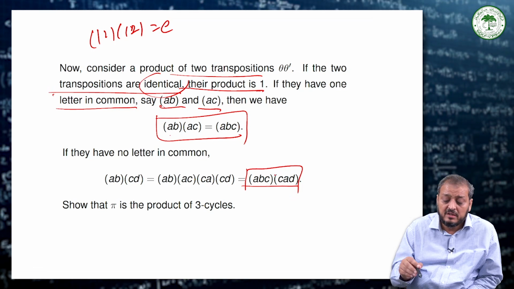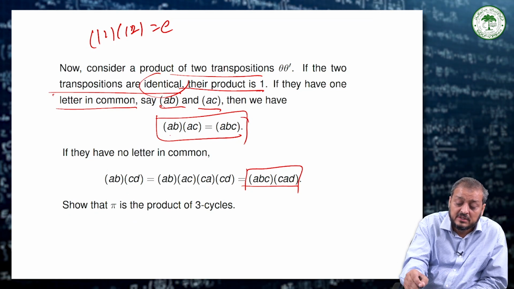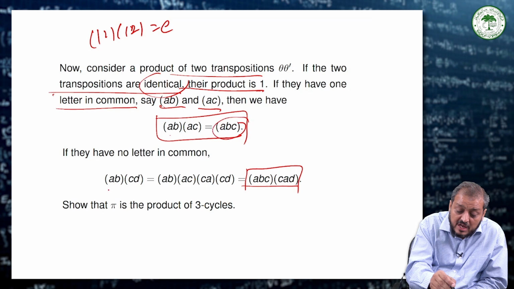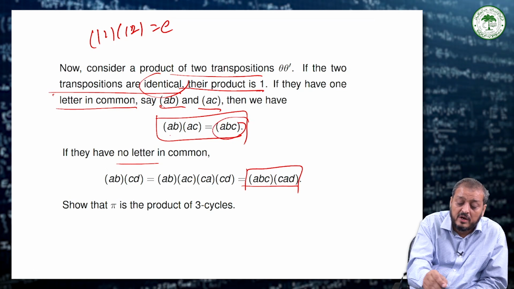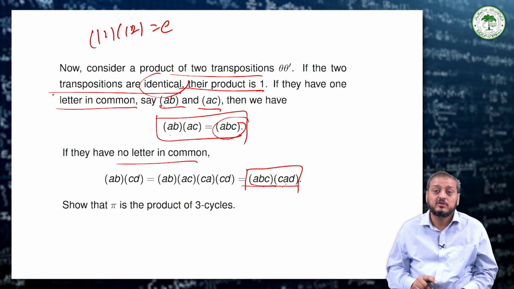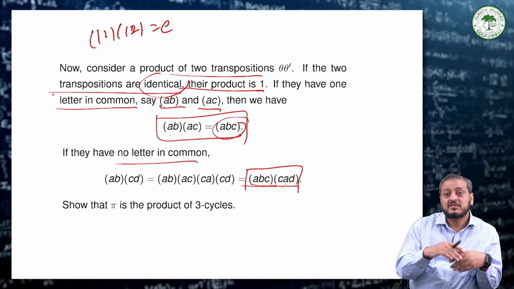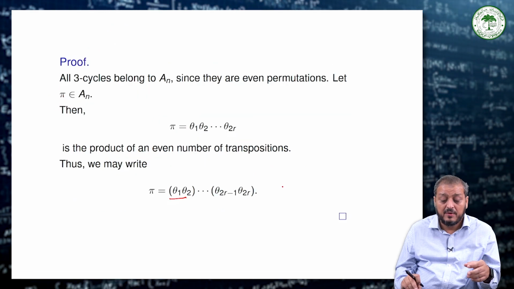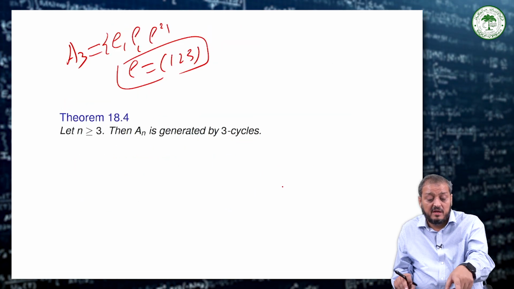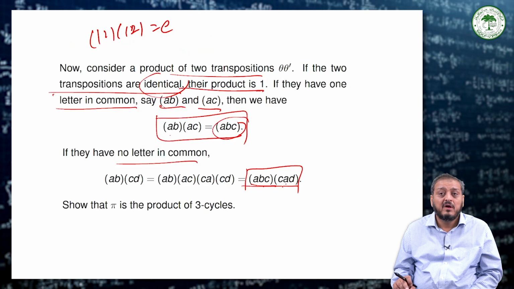So if no letters are common, again we write it as a product of 3 cycles. Generally we showed that pi, if n is greater than or equal to 3, is a product of 3 cycles, so An is generated by all the 3 cycles.